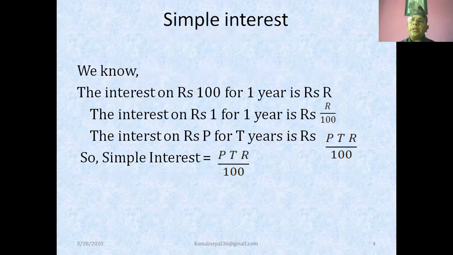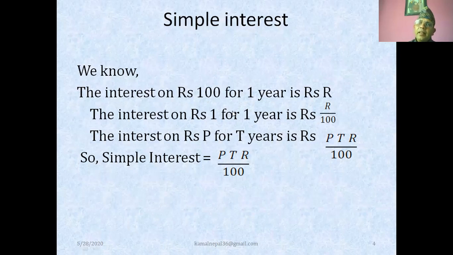Now I want to derive the simple interest. How can you get this formula? For this, I want to use a unitary method. Now look here. The interest on rupees 100 for 1 year is rupees R. The interest on rupees 1 for 1 year is rupees R divided by 100. If the interest for rupees 100 is R, then for 1 it is R divided by 100. It is the unitary method.